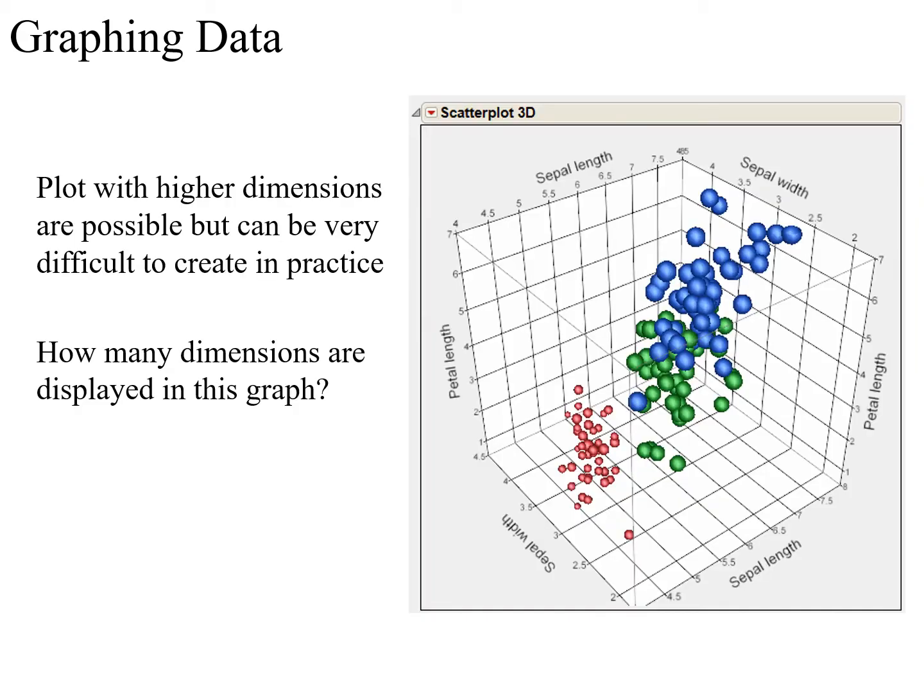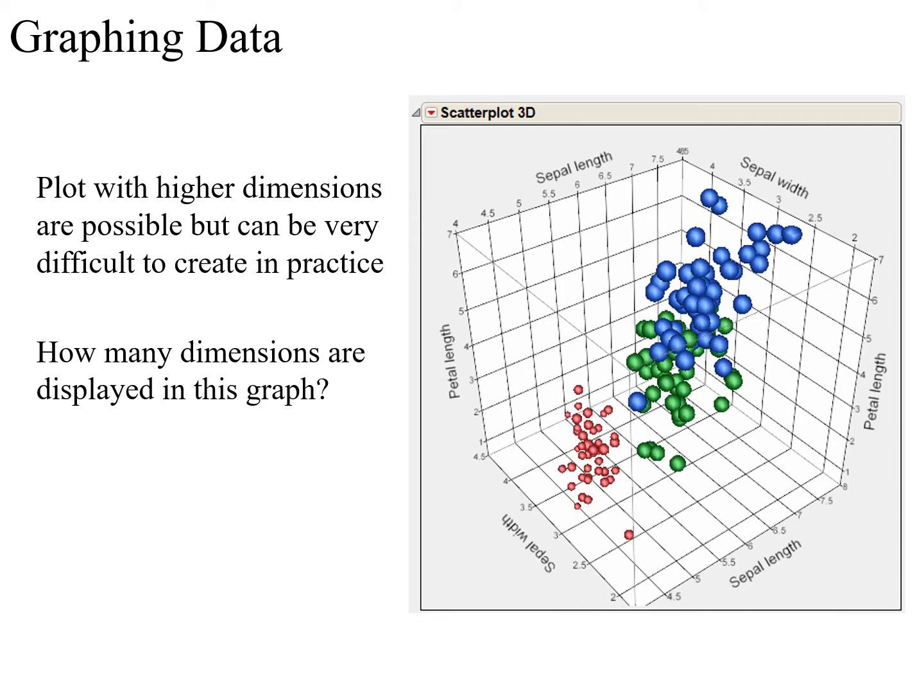It's possible to actually put more than two or three dimensions onto a particular graph. This is an interesting graph. This is from a data set of the dimensions of parts of irises. And here we're showing three dimensions spatially: sepal length, sepal width, and petal length.